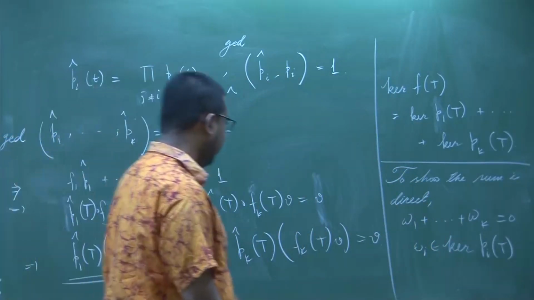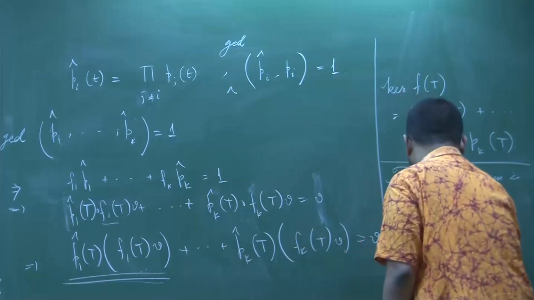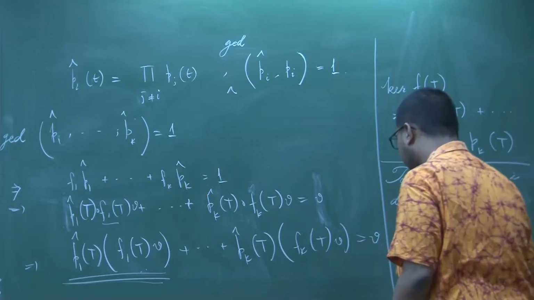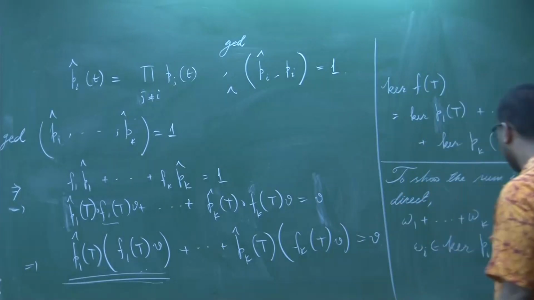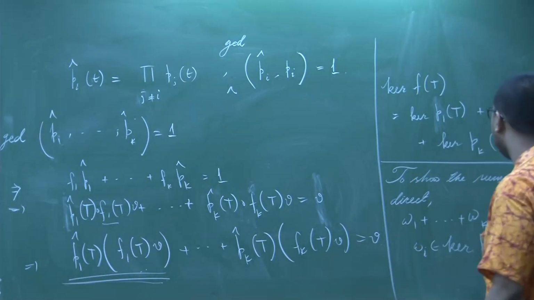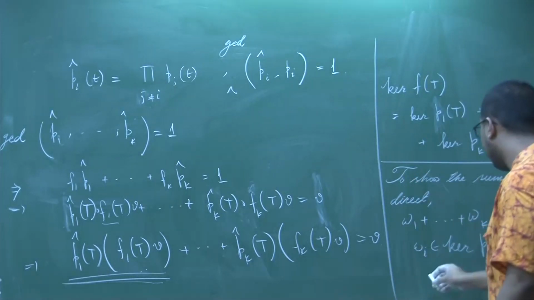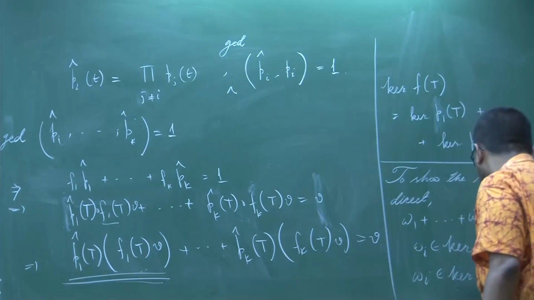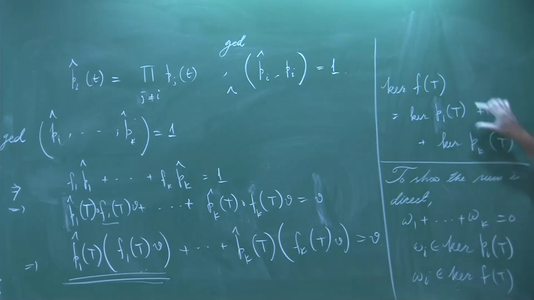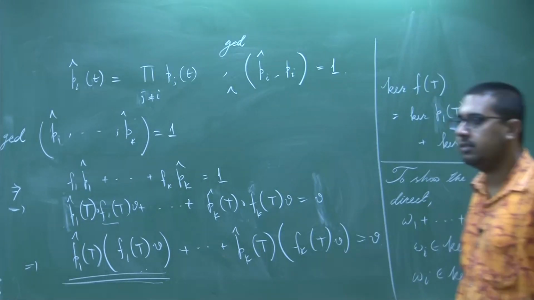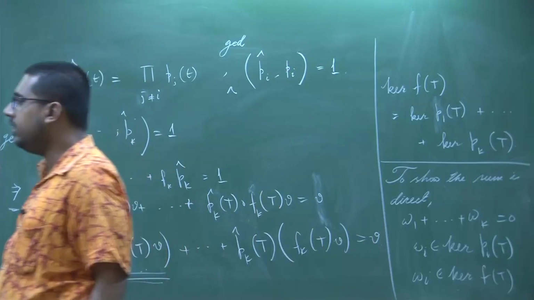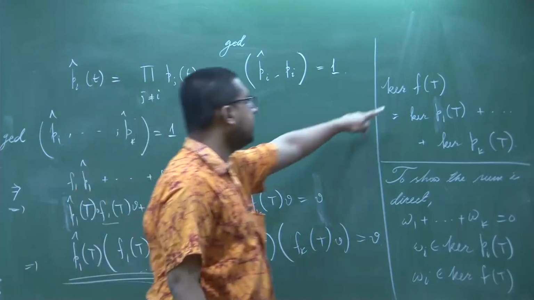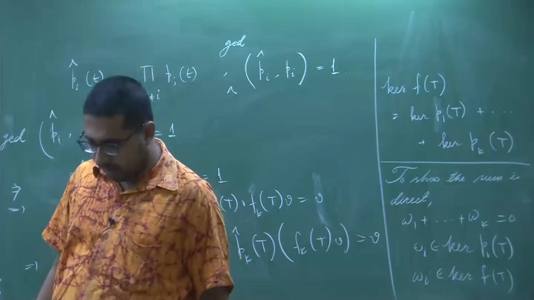That is again a trivial exercise, in fact it is easy to see. Remember that each Wi in particular lies in the kernel of Ft, right, because the kernel of Pit is a subspace of the kernel of Ft, okay.